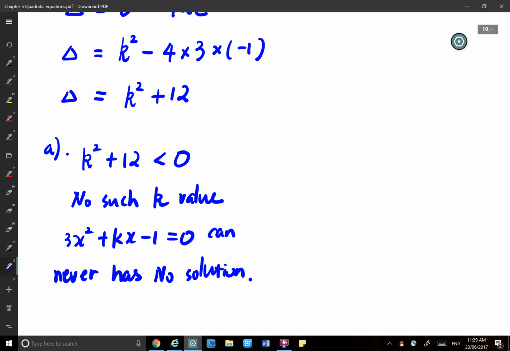You always have some solution, because your discriminant can never be less than 0. Your discriminant is k squared plus 12, never less than 0, no matter what the k value is. So you always have more than 0 solutions.